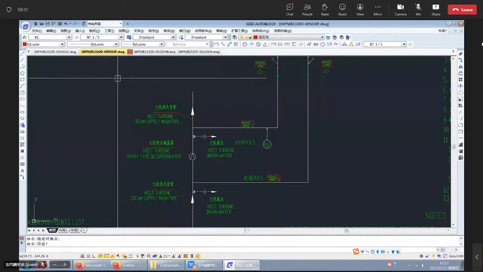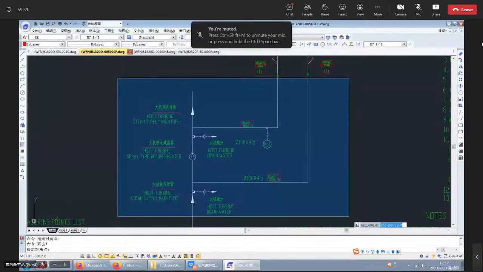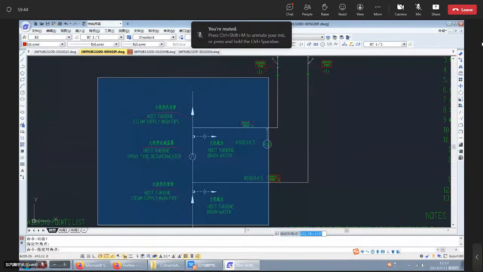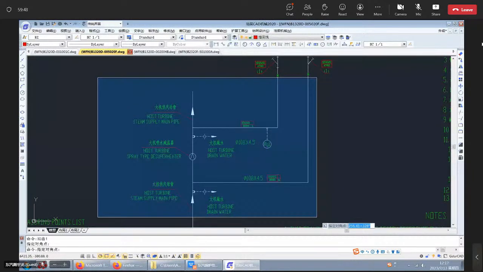This area is the gland seal steam supply pipeline.